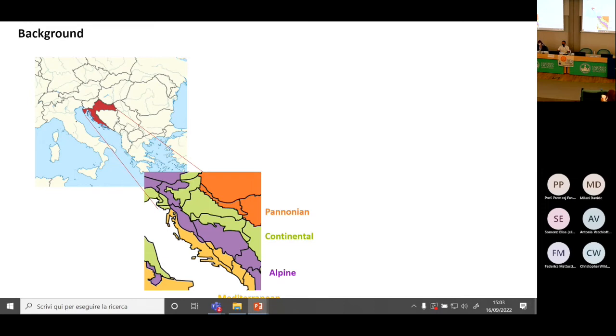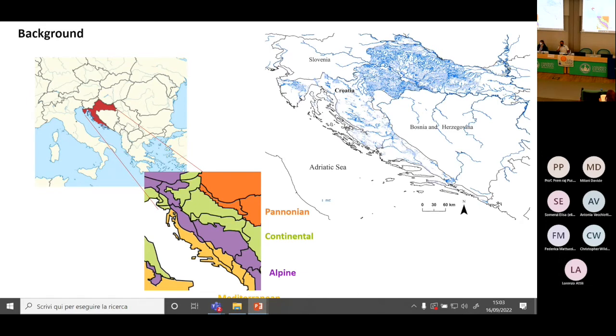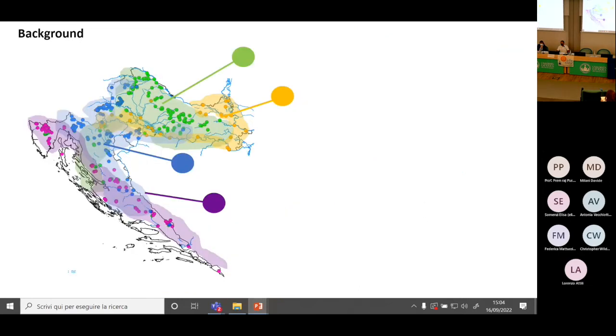Thanks to all those geological events in the evolutionary past, a really rich hydrological network developed in Croatia, with rivers belonging to both the Black Sea drainage and the Adriatic Sea drainage. And that rich hydrology enabled the evolution of numerous freshwater taxa, among others also freshwater crayfish.